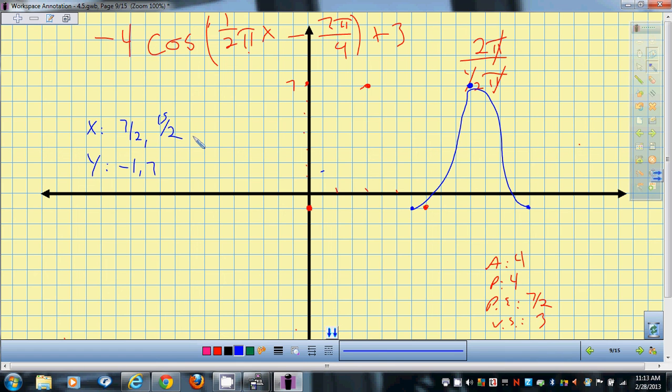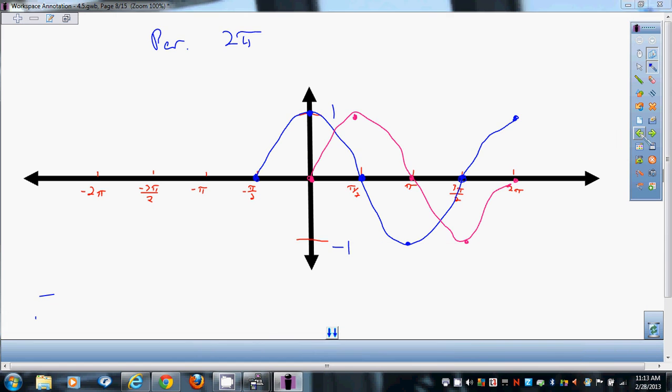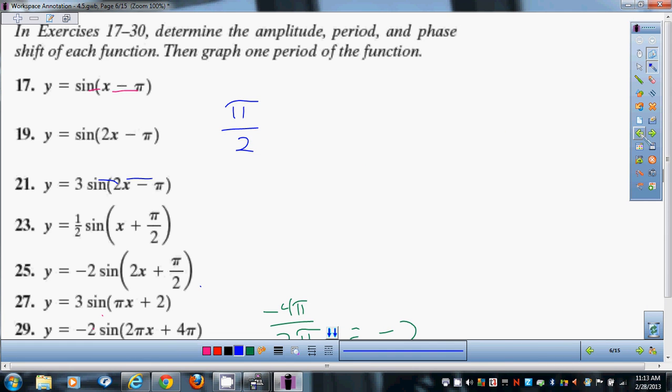I'm giving you your assignment. I'm going to customize your assignment. You're going to need to write some stuff down. I'm only going to give you like 4 problems. But for those 4 problems, I want you to list all 4 pieces: amplitude, period, phase shift, vertical shift, and I want you to graph all 4 of them. But it's only 4.